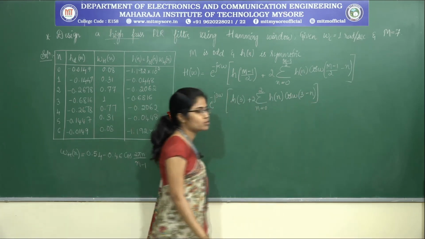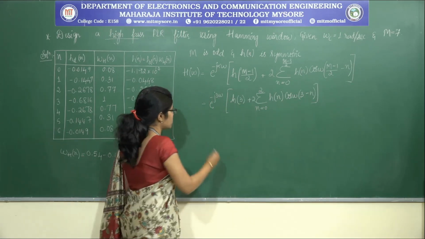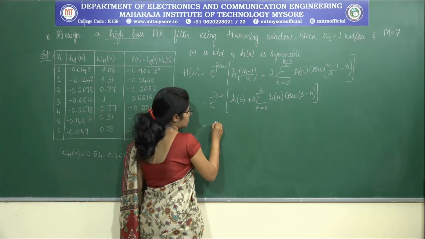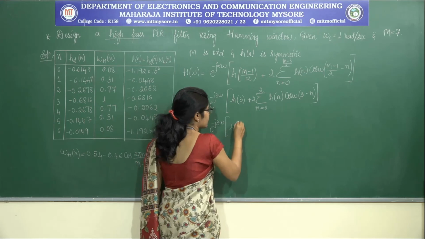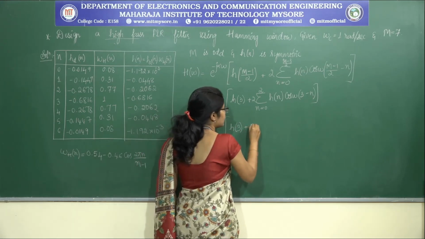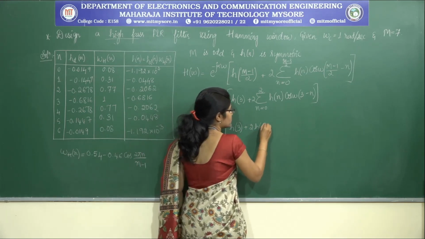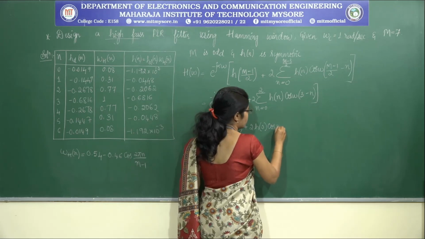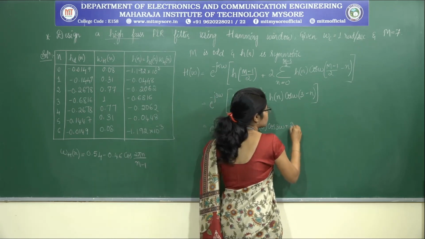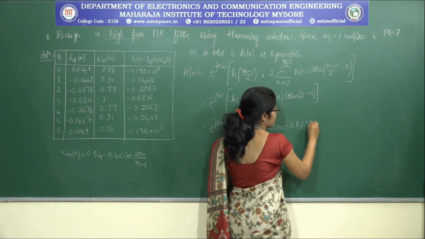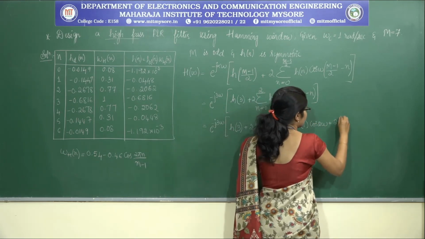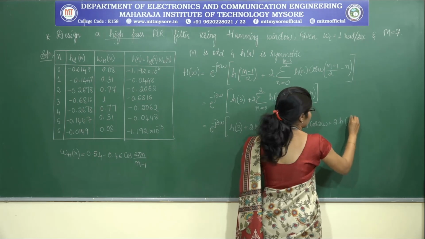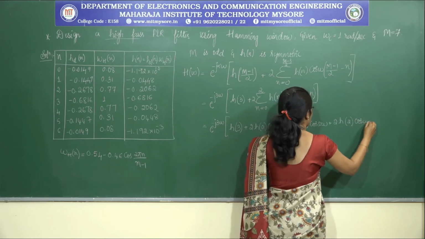So in the next step what should I do? Expand the summation. If I expand the summation, it is e power minus j 3 omega h of 3 plus 2 into h of 0 into cos 3 omega plus 2 into h of 1 into cos 2 omega plus 2 into h of 2 cos omega.